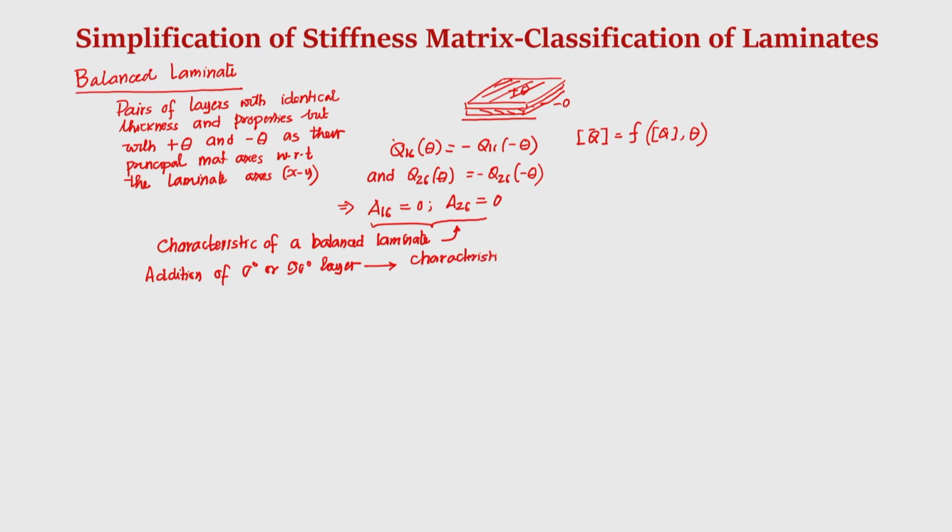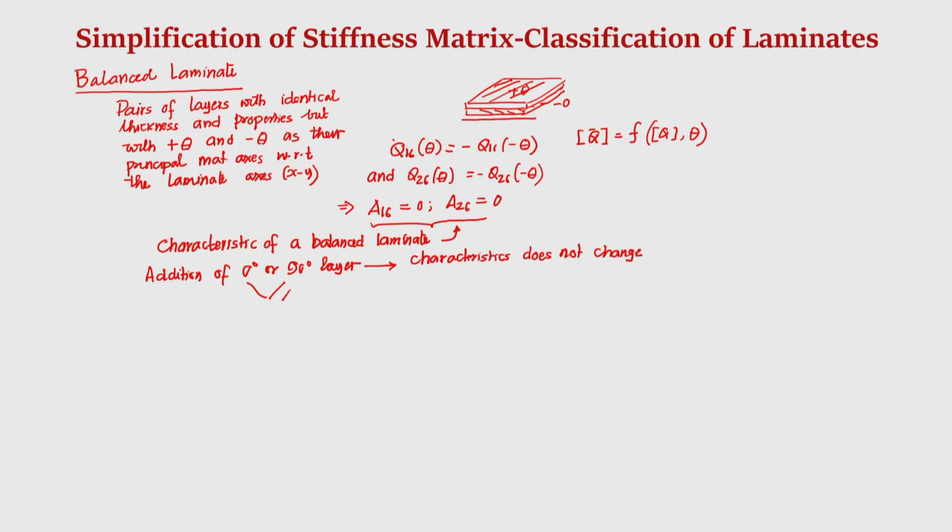A16, A26 is 0. That means, inclusion of a 0 or 90 degree layer in a balanced laminate does not change its characteristic of A16, A26 being 0, because for a 0 or 90 degree layer anyway A16 and A26 are 0.